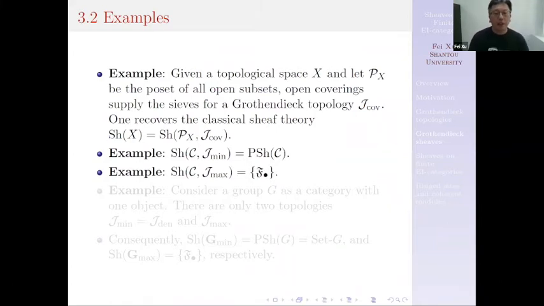The other example is the maximal topology, where every sieve is taken as a covering sieve. Then you realize that the sheaf category shrinks to just the trivial one. There's only one object and one morphism.